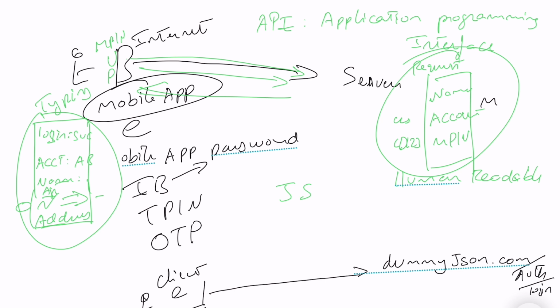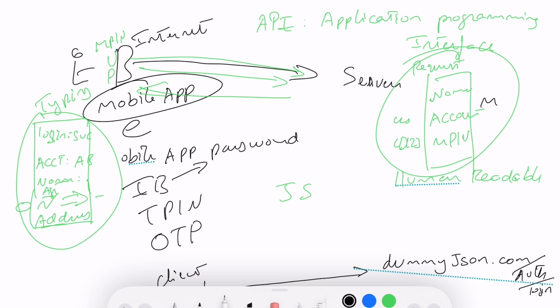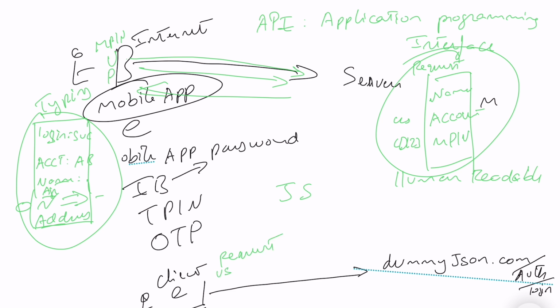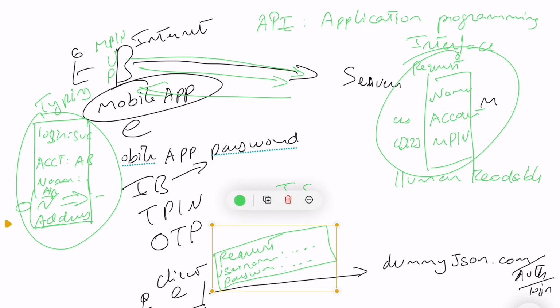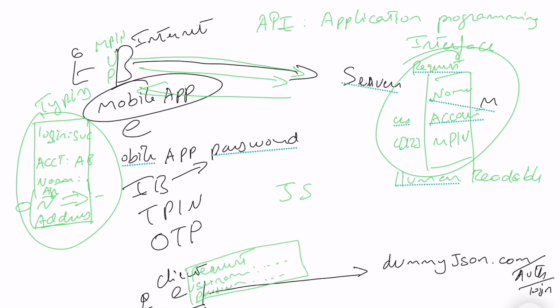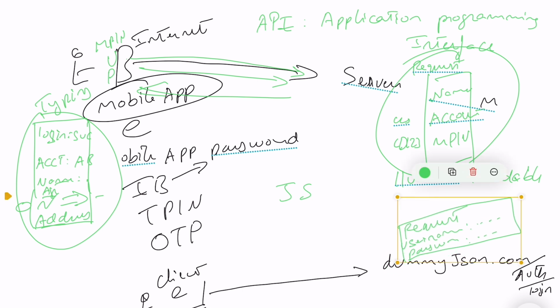I told it that I want to use your authentication and login API. In the request, I passed the username and password. When I created this request, it went from Postman to the dummyjson.com server.